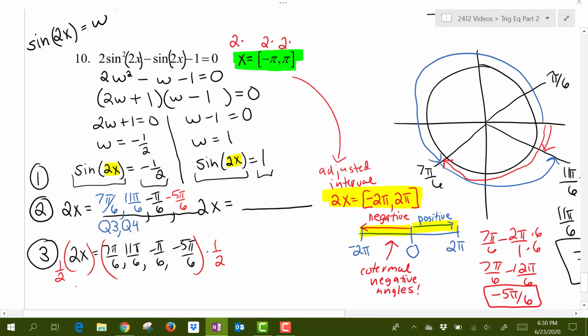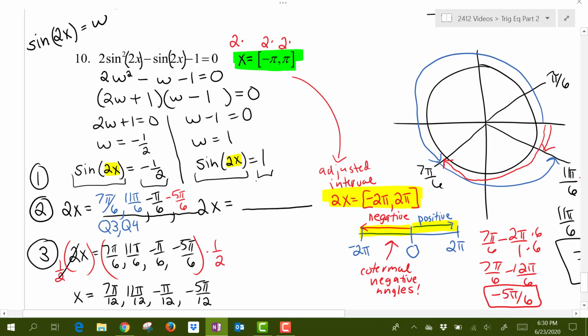I want to get x by itself, so we're getting rid of that 2. So we get x equals, I'm going to multiply the tops by 1 and all the bottom of those fractions by 2, so all the denominators are going to become 12. Alright, so that's what we get for the first equation.